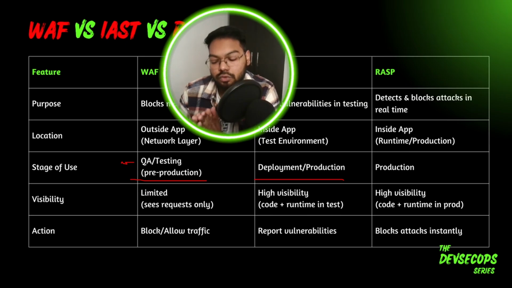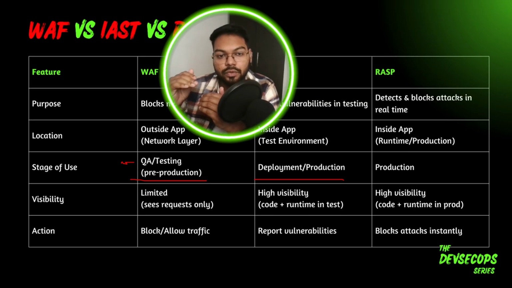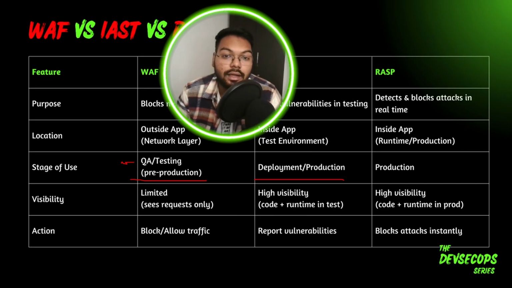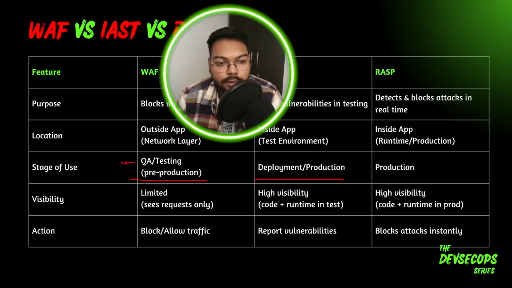But it is a good practice to have defense in depth. So you would go for a WAF and RASP on the production environment to have the best security controls for your application. That is how a diplomatic answer would be for that particular question. So I hope you got the point.